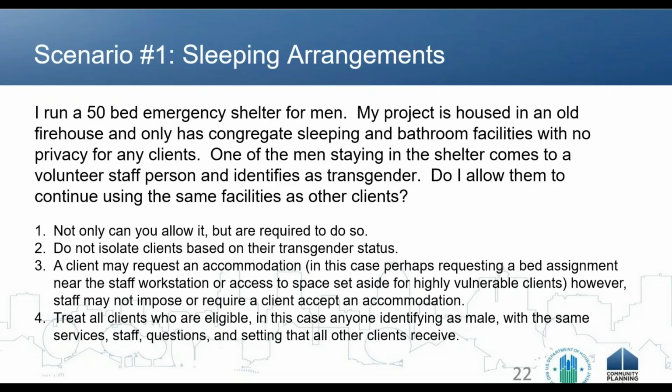One of the strategies that projects use in scenarios like this is to describe a particular type of client that is highly vulnerable and create spaces that any client that meets those thresholds can access. There are lots of factors that go into being highly vulnerable. Homeless transgender individuals are much more likely to be the victim of a crime, a violent assault, than they are to be any kind of threat to anybody else in the project.